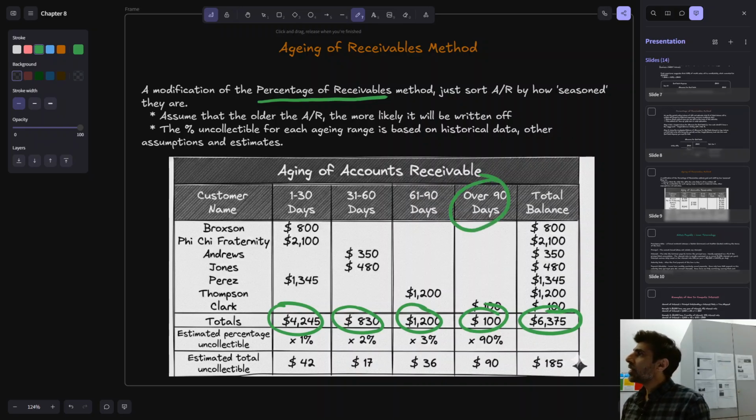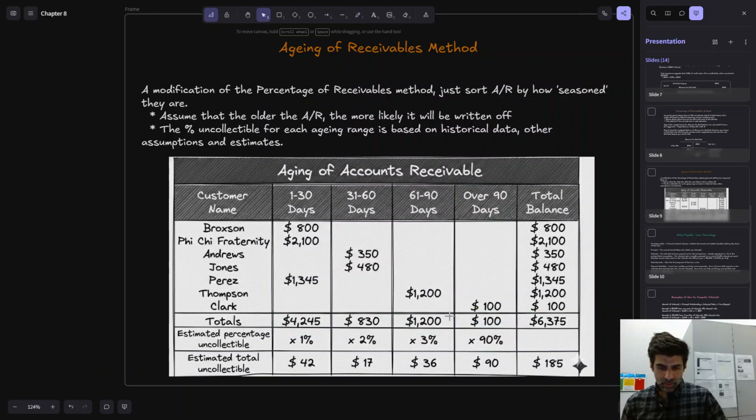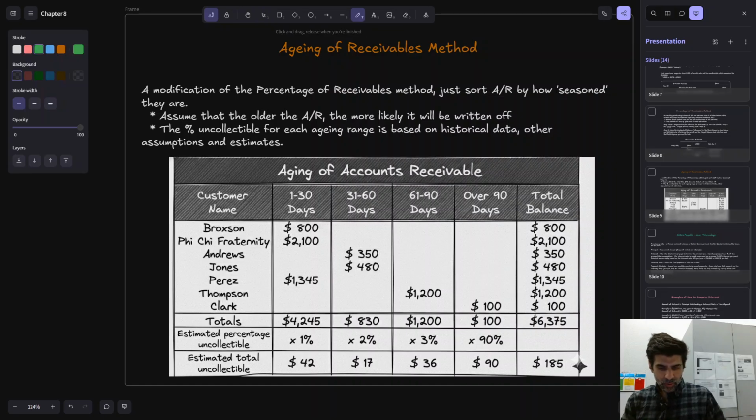If an account receivable is old, is it more or less likely to be paid? Less likely, right? It means the person is just lingering around. So as you can see here, we're going to apply a higher percentage to this, meaning that of this $100 that's in this tier, we're assuming that 90% of whatever's in here is going to be uncollectible.